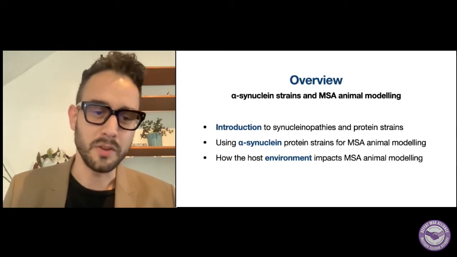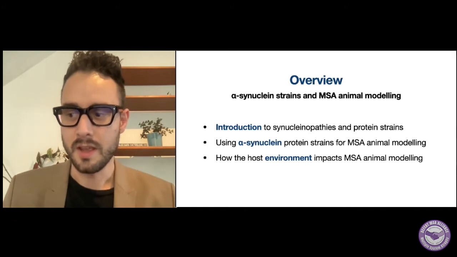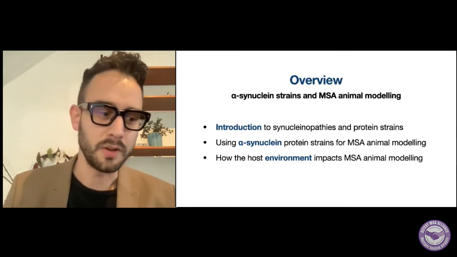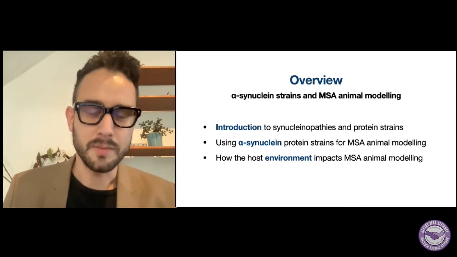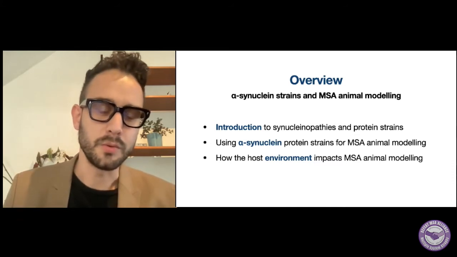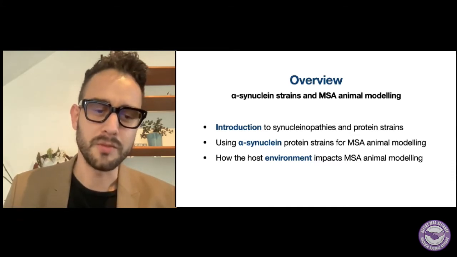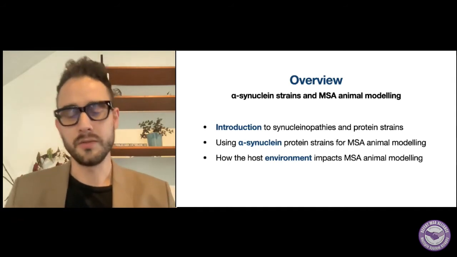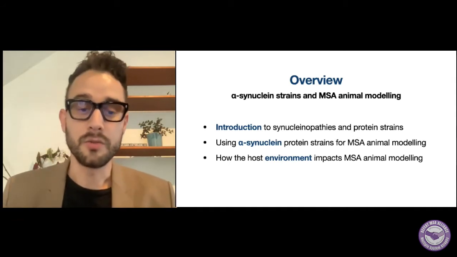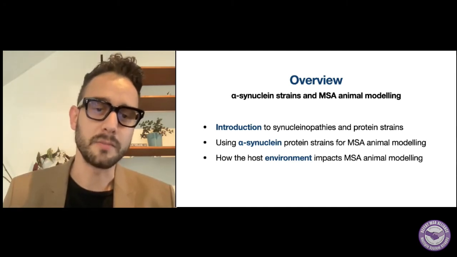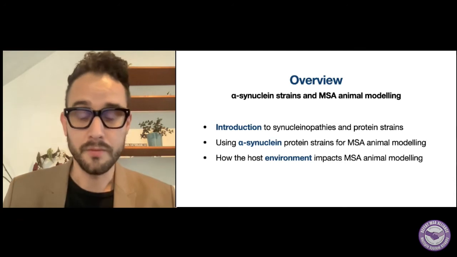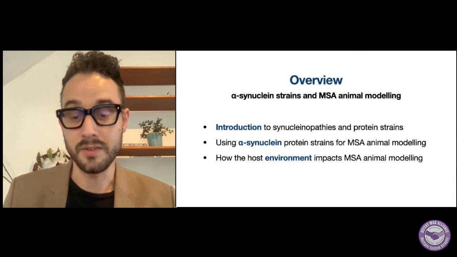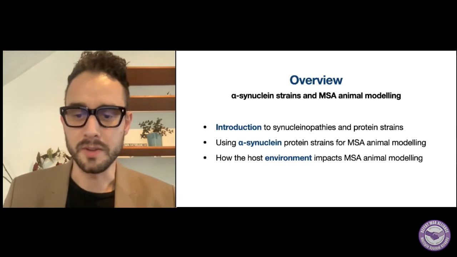The reason for this is because we initially started working on Parkinson's disease, and we segued into multiple system atrophy research because of some of the discoveries that we made. I'll frame this a little bit and then go into more detail and talk about synuclein protein strains, how we are using these for MSA animal modeling, and finally how we believe the environment, and with that I mean the cellular environment in the MSA brain, is also important for disease development, and in this case, the development of these experimental animal models.